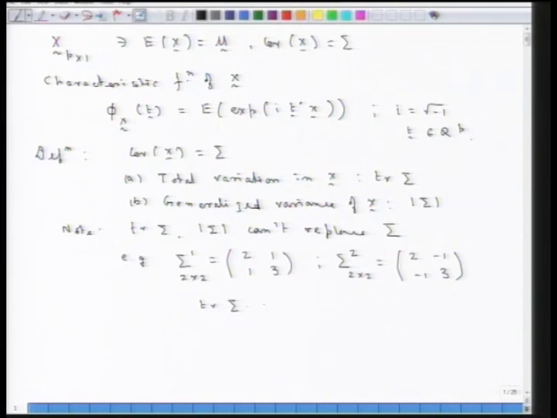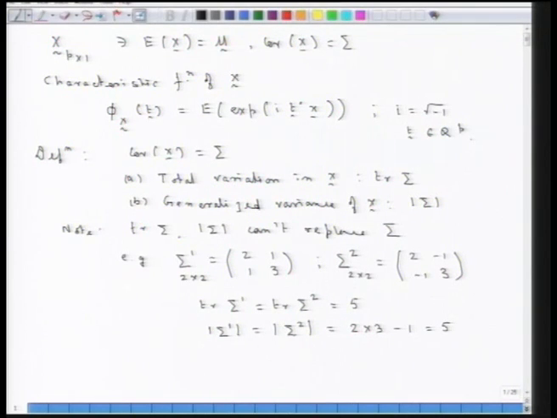However, if we look at the total variation, the trace of sigma 1 is equal to the trace of sigma 2, which is the sum of the two diagonal elements, that is 5. We can look at the determinant of the two covariance matrices sigma 1 and sigma 2. Both are 2 into 3 minus 1, which is equal to 5 as well.